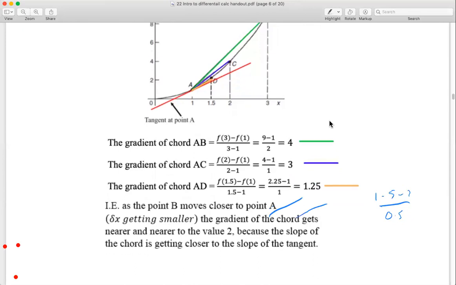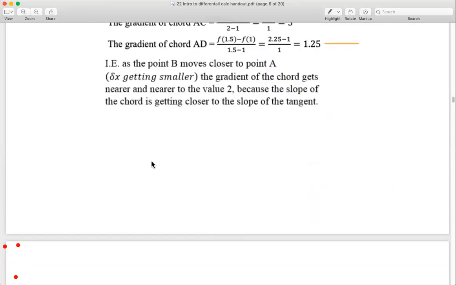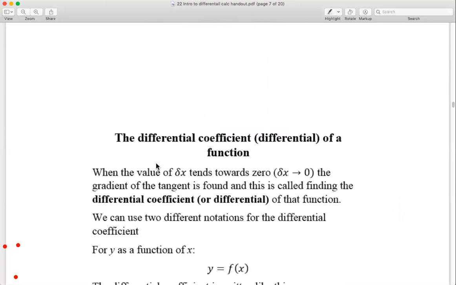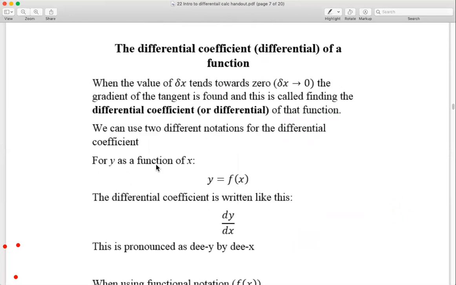I don't want you to get too hung up on this detail, because what I want you to be able to do is do the calculus, not understand the theory behind it too much. When the value of delta x tends towards 0, the gradient of the tangent is found, and this is called finding the differential coefficient. So this is what we really want to be able to do.